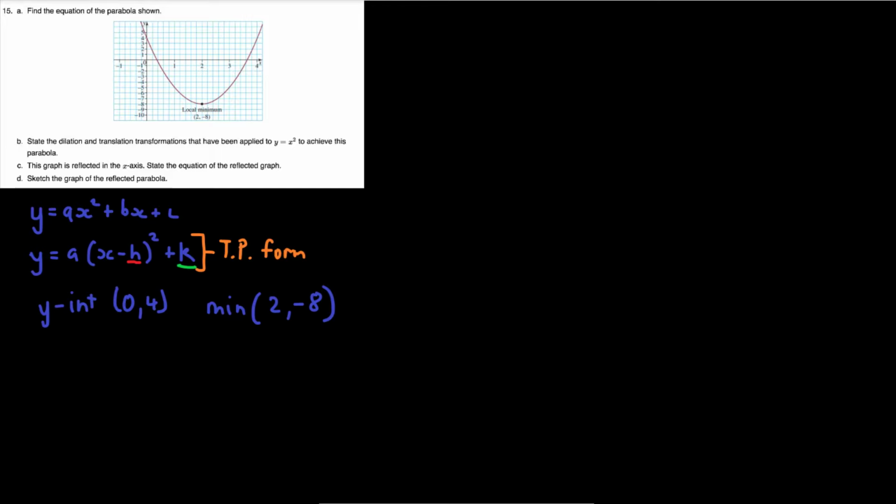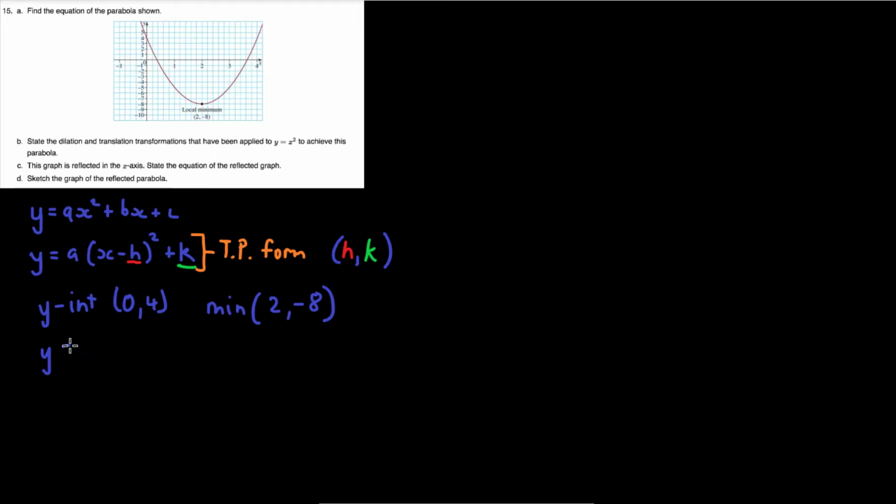So the turning point is going to be just (h, k). That's it. So if we sub in 2 for h and -8 for k, we'll have our quadratic, our parabola, in some equation. So let's do that now.